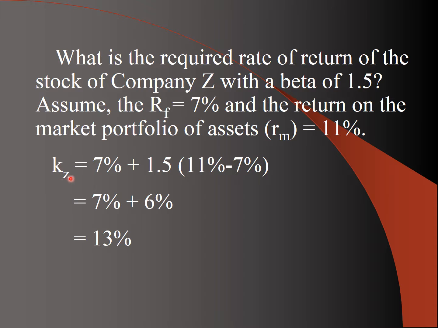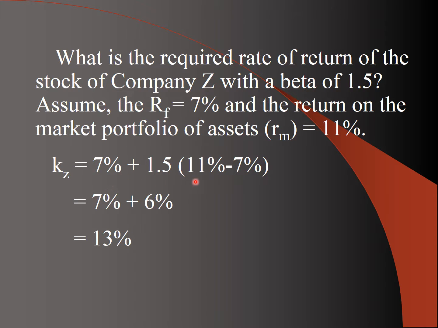So what rate of return are we going to require to invest in company Z? Well, CAPM says to take the risk-free rate, which is 7%, plus the beta, or the risk of the stock, which is 1.5, and multiply it by the return on the market minus the risk-free rate, which this term is referred to as the market risk premium, and I'll come back to that in just a minute.